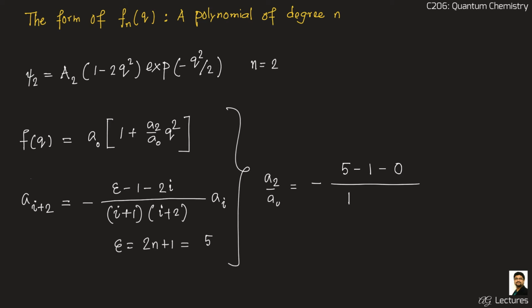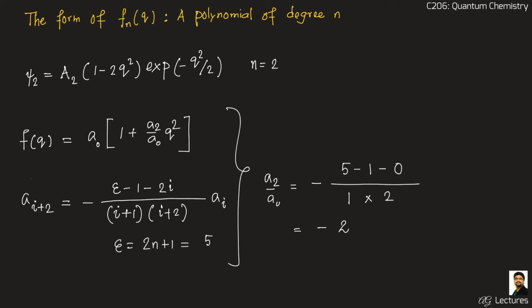And then we get 1 multiplied by 2, because i equals 0, and that is equal to minus of 2, because it is 4 divided by 2, and it's minus 2. So we get A2 over A0 is equal to minus 2, and that is exactly what has been plugged in here. So we have this 1 from here, that is the same 1, and then A2 over A0 is coming to be minus 2, so therefore it is 2, and then q square.